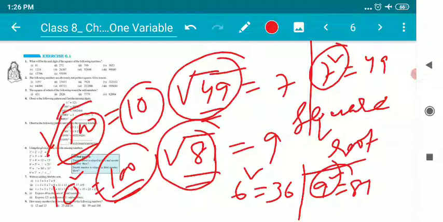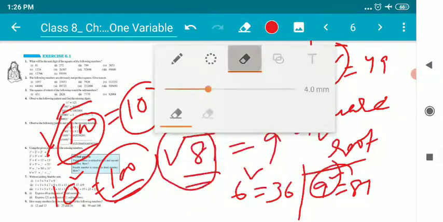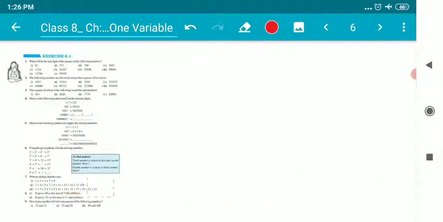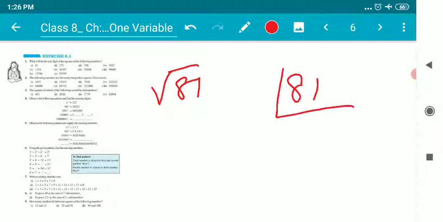Now the question is, sir, how to find it? Suppose you are asked to find root over 81. We know the answer is 9, but how will I calculate? Perform prime factorization of 81.